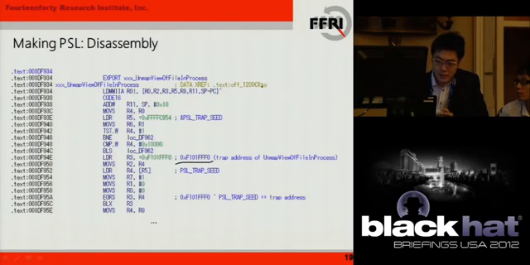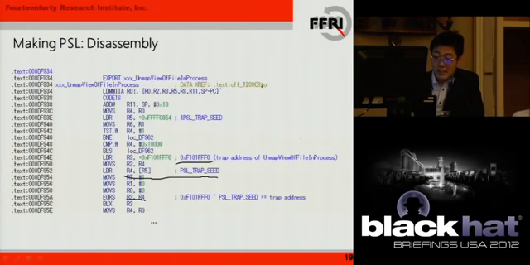But this is not used directly. You see, the PSL trap seed is loaded here, and the trap address is randomized using the PSL trap seed, and then the branch is made here. Pretty cool.